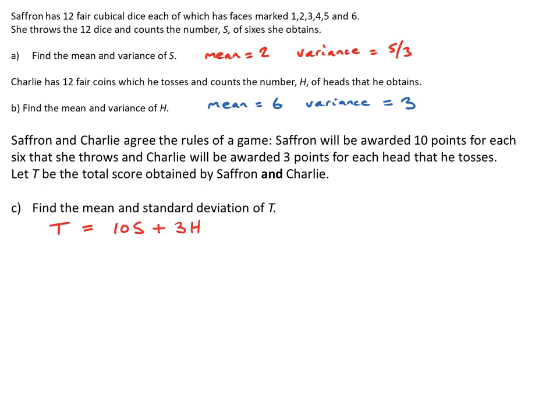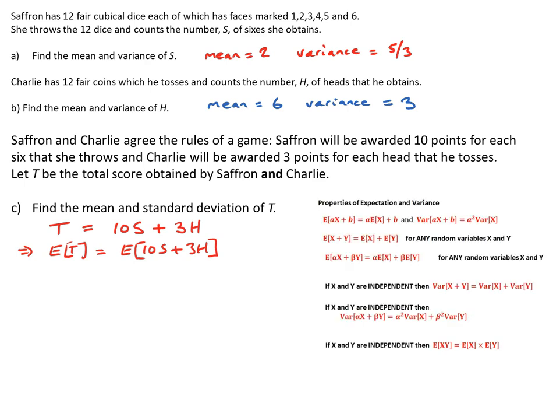So T is going to be 10 times the number of sixes that Saffron obtains, plus 3 times the number of heads that Charlie obtains. So T equals 10S plus 3H. So the expected value of T is the expected value of 10S plus 3H.